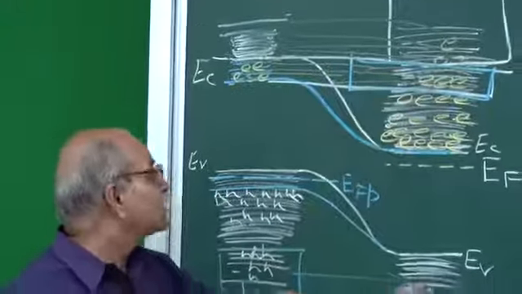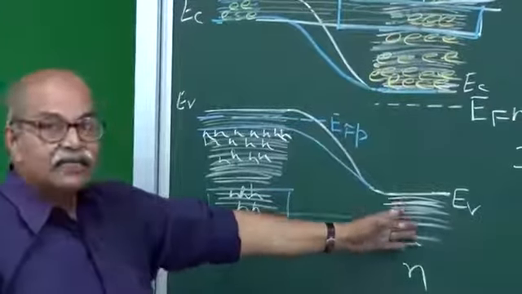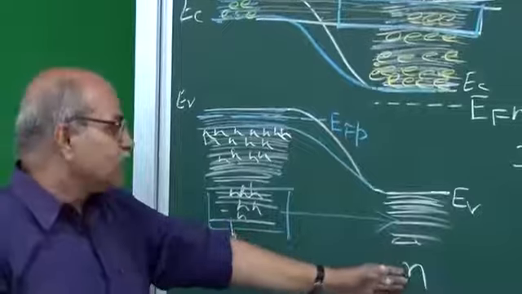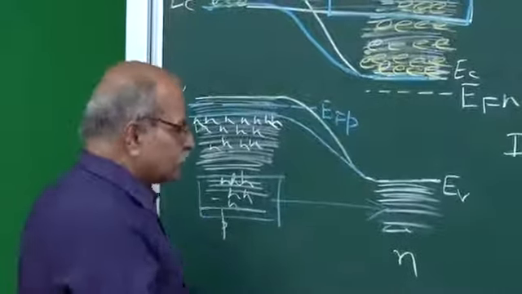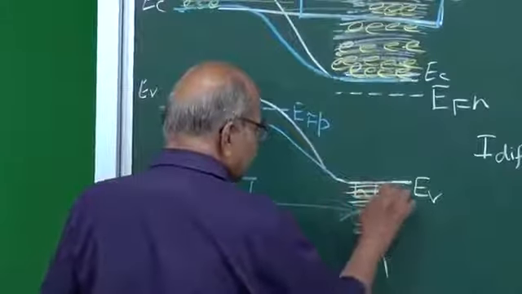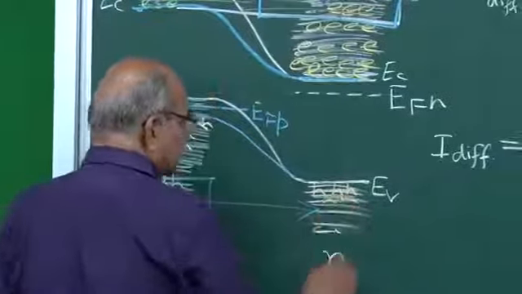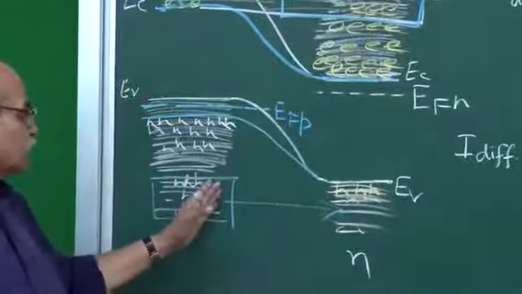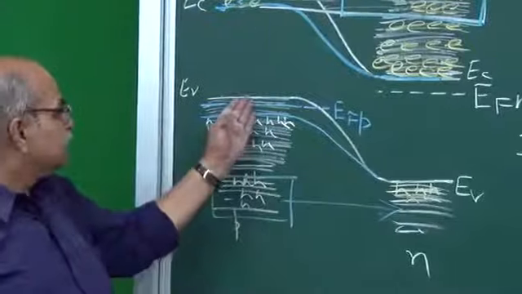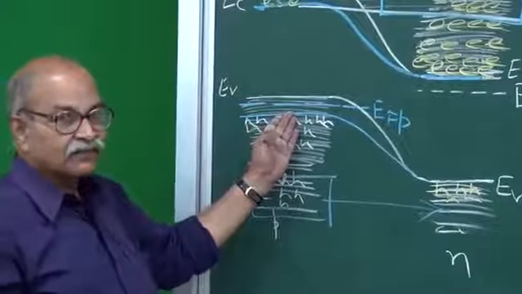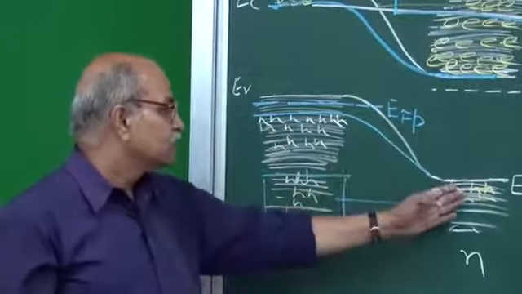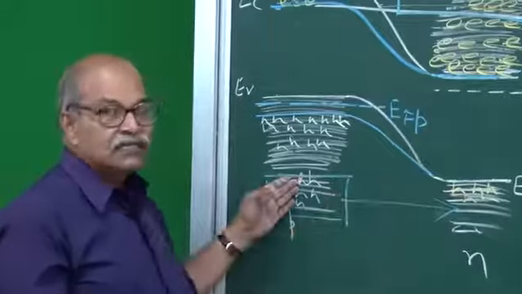Similar is the case for the minority carriers on the other side. There, the minority carriers are holes. So these are the holes here. If they want to come here, no problem whether EV is here or EV is here. These holes can always come to this side.